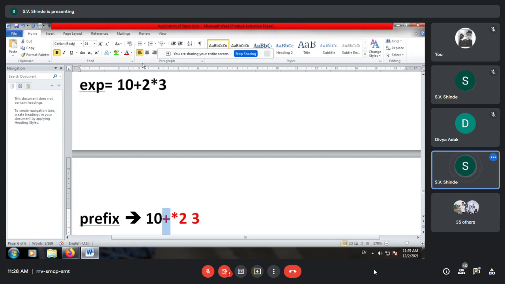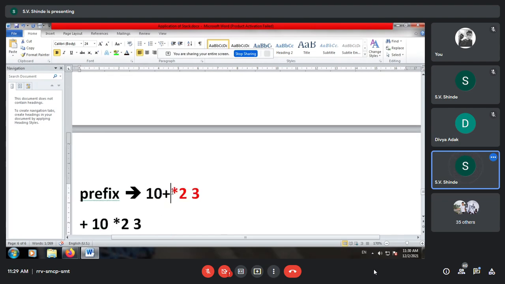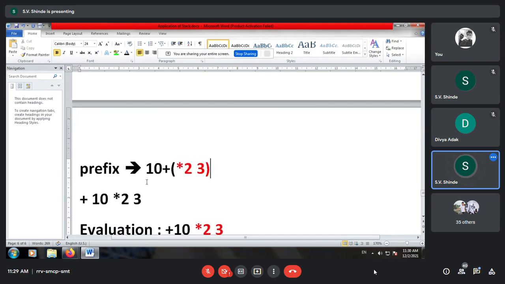So this was the first evaluation. Then what is remaining is 10 plus the multiplication part. Therefore, the plus sign will precede 10, so we get the final outcome as plus 10 multiply 2 3.